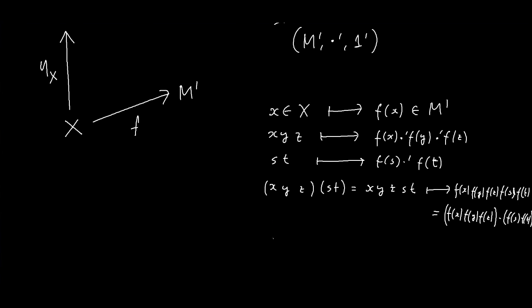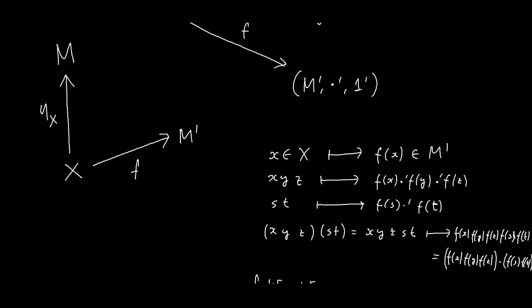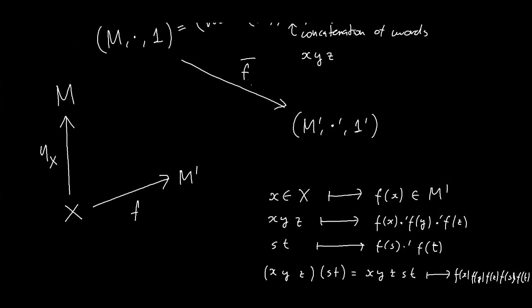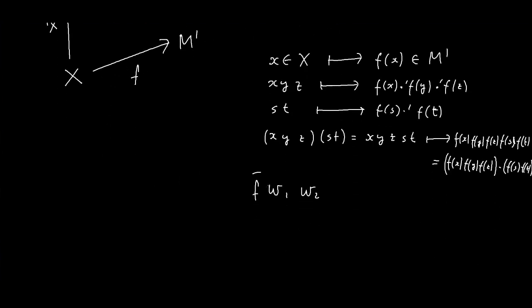And so as a general rule, we get that if I've got words w1 and w2, I multiply them, and then I evaluate by applying this f bar map, I apply f bar to this word, is the same as f bar applied to word 1 times f bar applied to word 2.